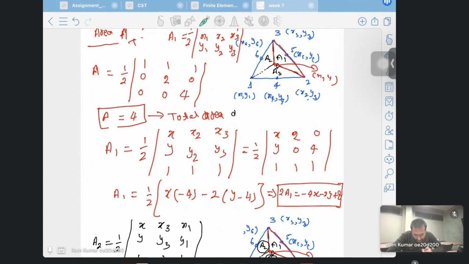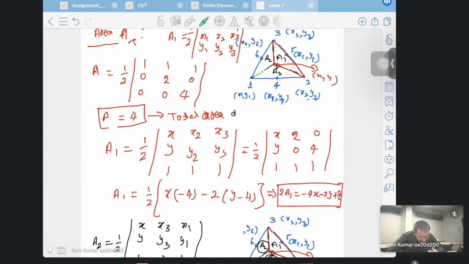So area A1 is 1 by 2 times the determinant with x, y, the coordinates of this any point P, then x2, y2 for node 2, x3, y3 for node 3, and 1, 1, 1.